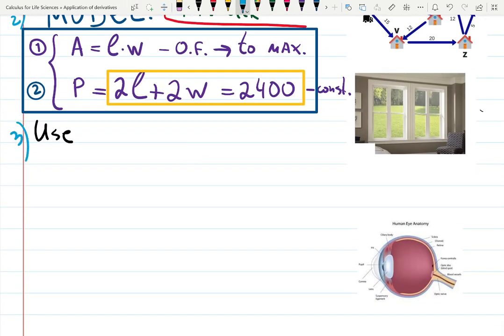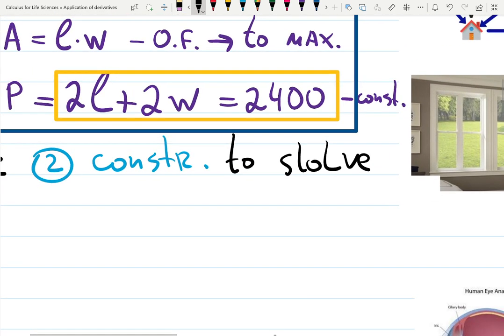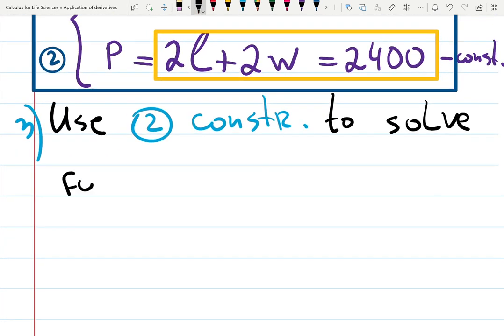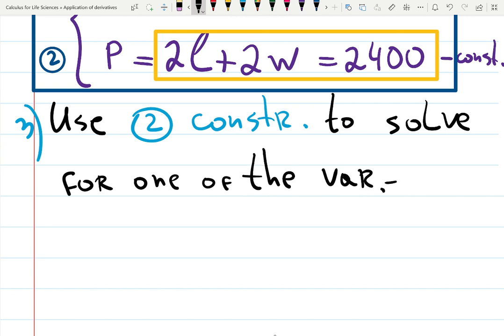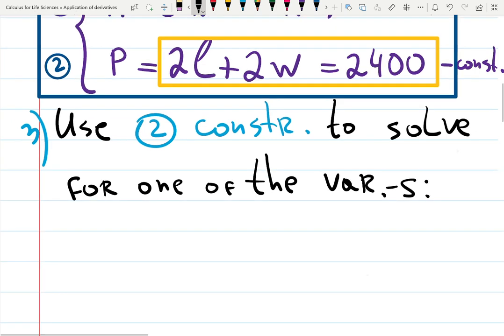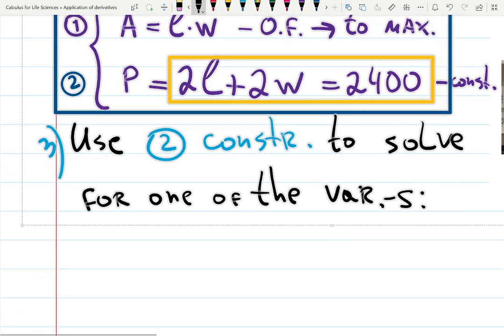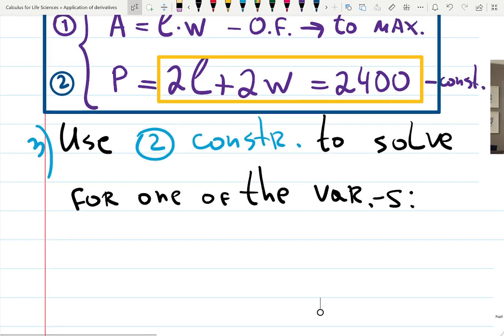Step 3, use equation number 2, which is the constraints, to solve for one of the variables. Vars are variables usually. It doesn't matter which one, choose the one that's easier. In this case, they're both the same.